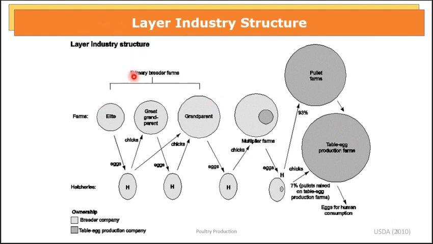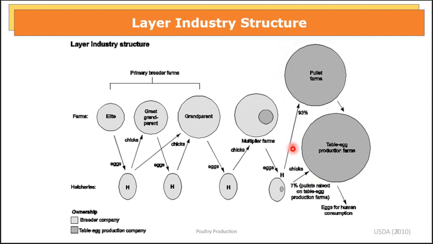We have here the primary breeder farms, which is our breeder or nucleus. It consists of the elite, great-grandparent, and then grandparent. From the elite, they lay eggs, hatch. Of course, when they hatch, they become chicks. The chicks will be used by the great-grandparent. Then the great-grandparents lay eggs, hatch, then become chicks, which become the grandparent. And then they lay eggs, hatch, become chicks, which are given to multiplier farms. Then in the multiplier farms, we see that the eggs hatch and are given to our commercial farms.